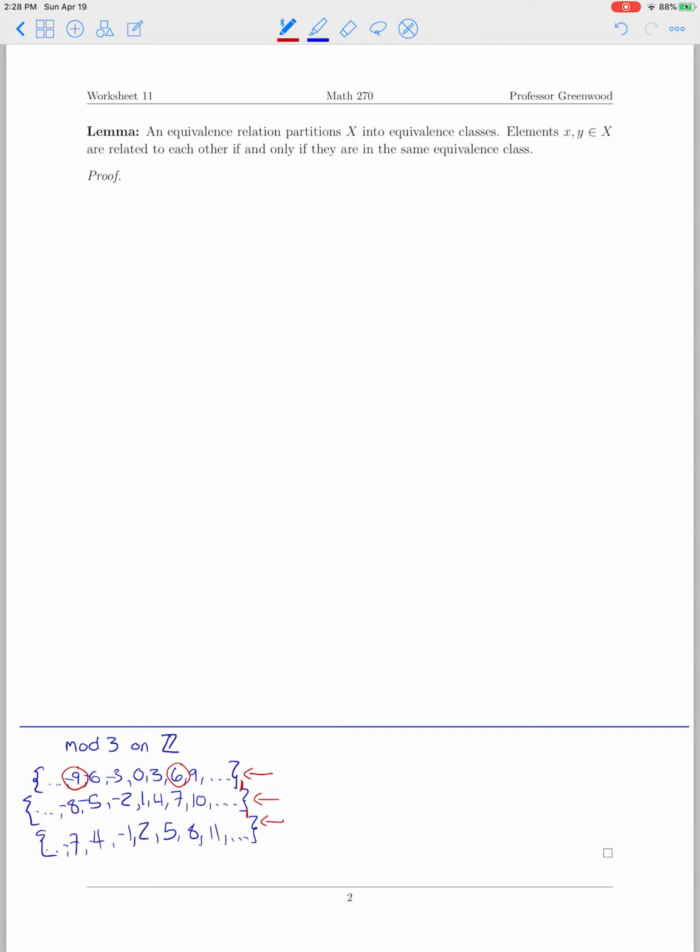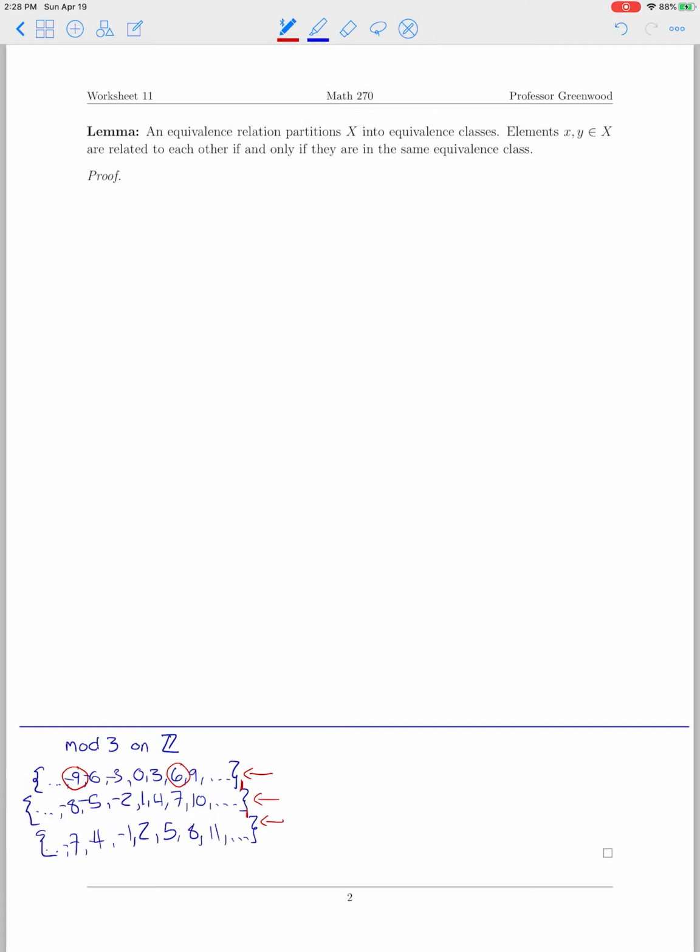That is actually a very special property. In general, relations do not divide up your set into nice chunks like this. But for an equivalence relation, we will prove that it always divides up your set into these nice bands where everything's related within a band and nothing's related between different bands.